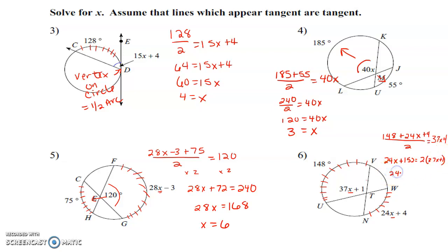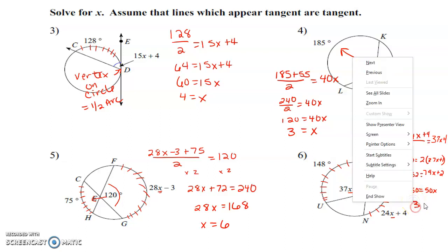So I end up with 24x plus 152 equals 74x plus 2. Okay, I subtract 24x from both sides, giving me 50x here. Subtract 2 from both sides. And I end up with 150. Divide by 50 on both sides.